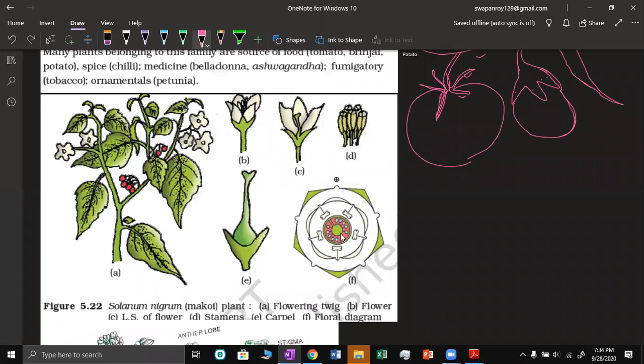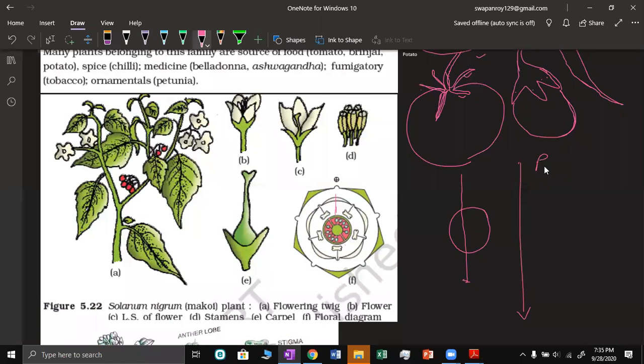You can see the partition. This partition should actually be anterior-posterior, but this one is not showing anterior-posterior. It is slightly turned. This is the line that is going.